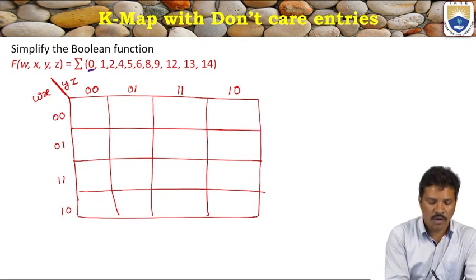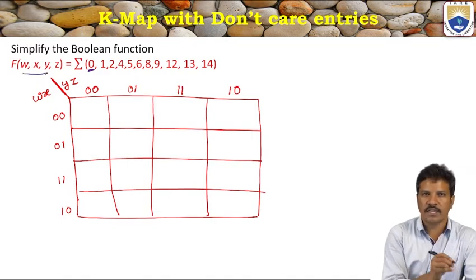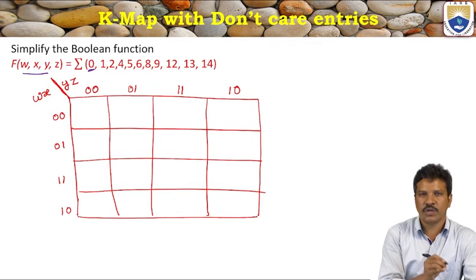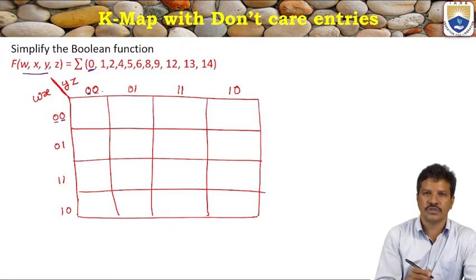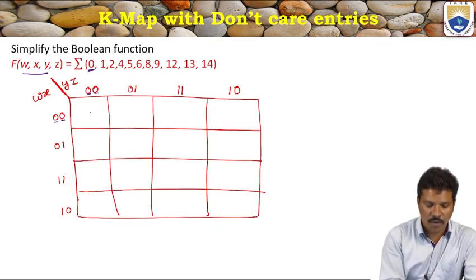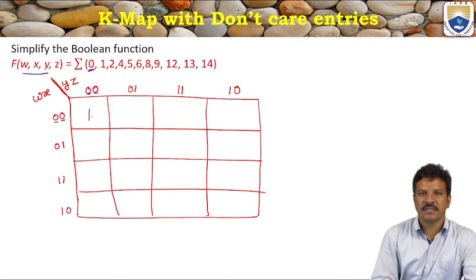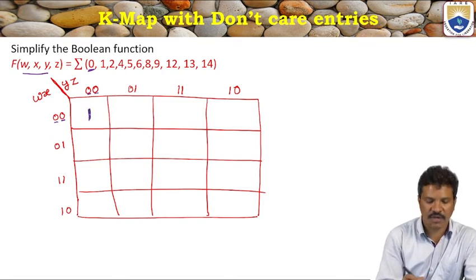So how do we follow the reference order? Start with w. W bar, x bar, y bar, z bar are 0 0 0 0. So 4 zeros represent 0 in decimal. That decimal minterm we include as 1 because it is listed in the given function.